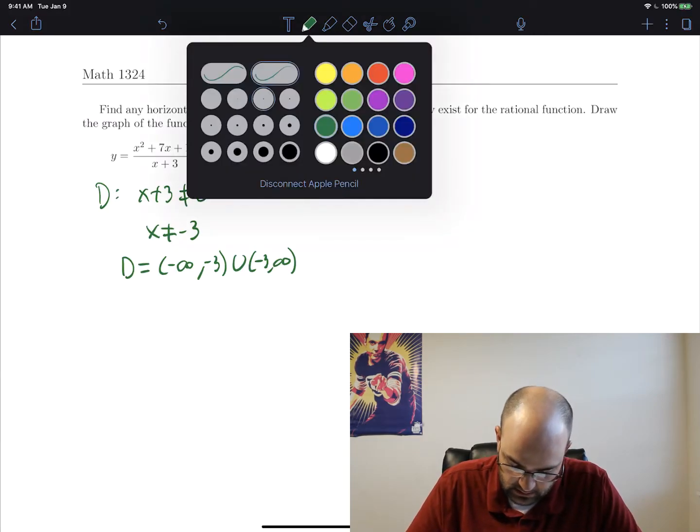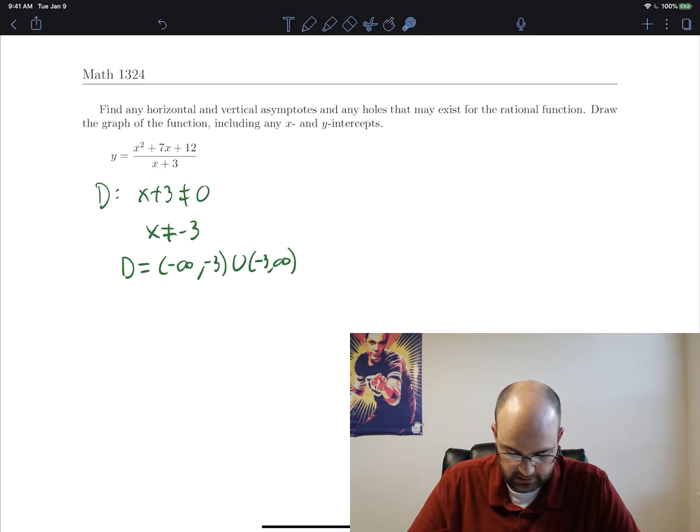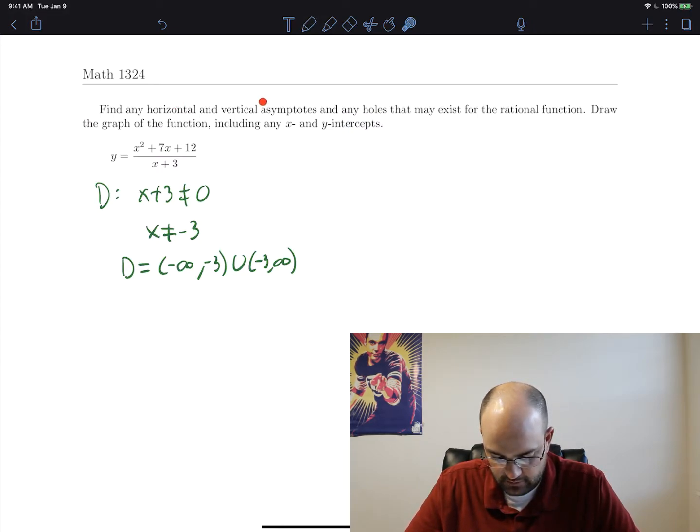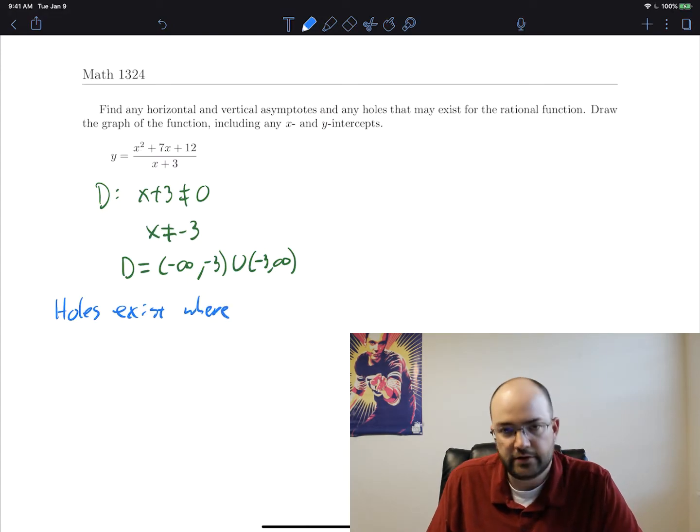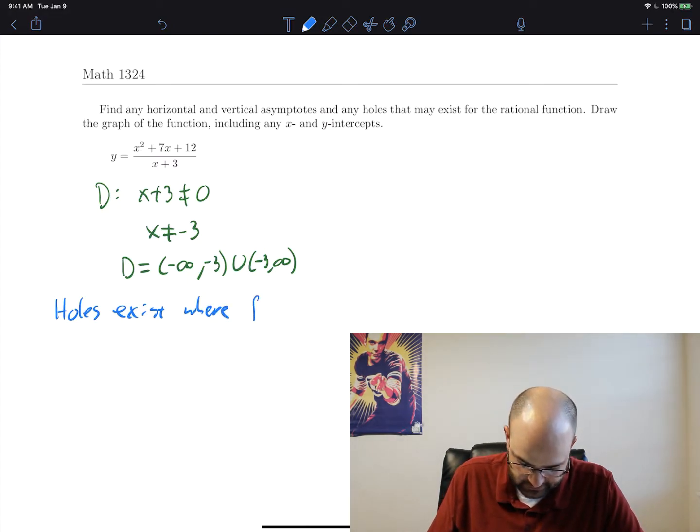Now, what we need to look at is finding horizontal and vertical asymptotes. But before we do that, I want to look for any holes in the graph. To look for holes, holes exist where factors cancel.